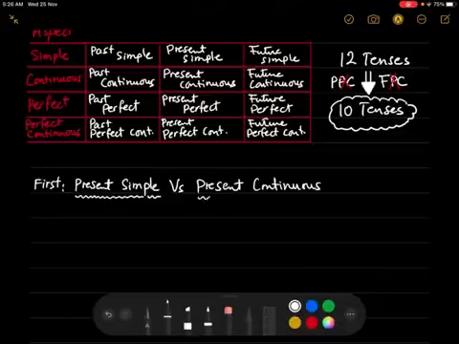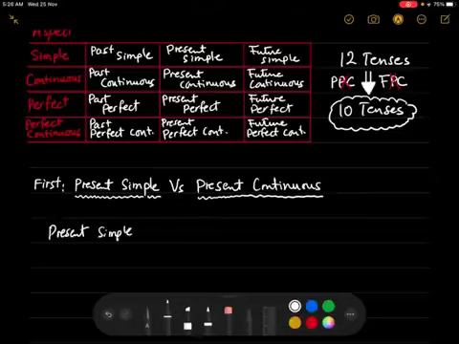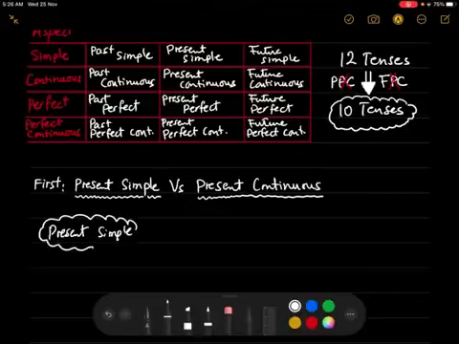So let's start with talking about present simple versus present continuous. First, present simple.